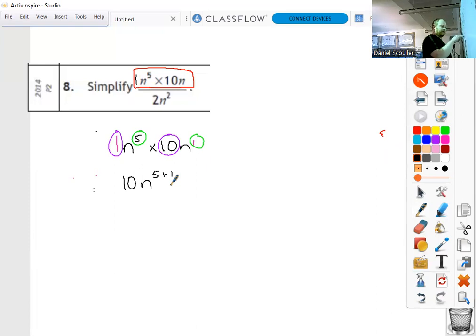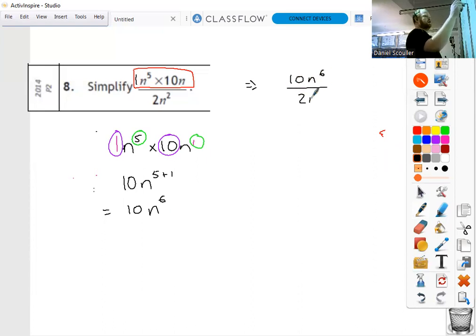If they're indices, then multiply means we add the indices together. We don't multiply them. So that top line would equal 10n power of 6. So I'm going to take that, and I'm going to write it 10n power of 6. I'm going to do 2n2.